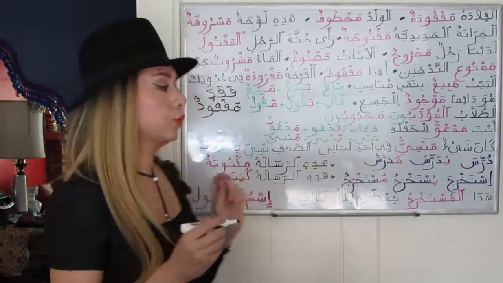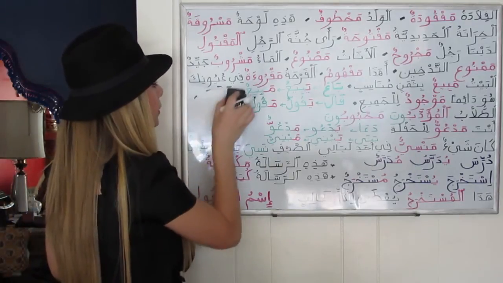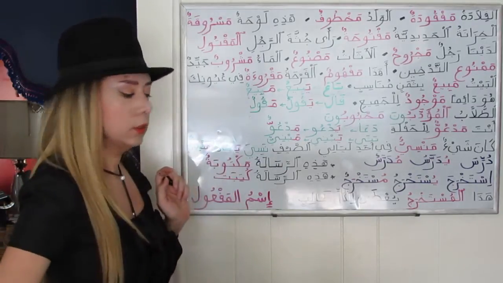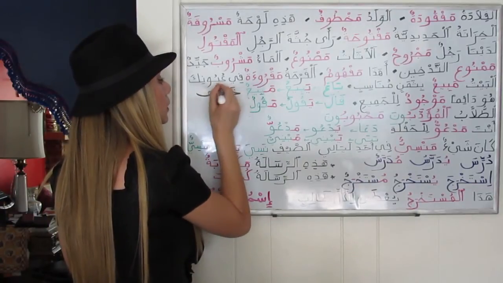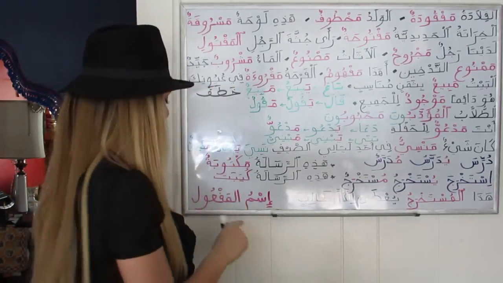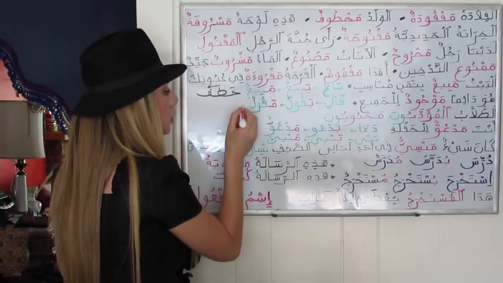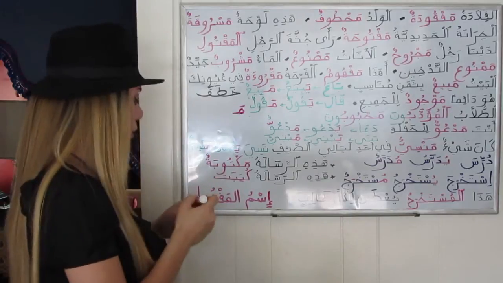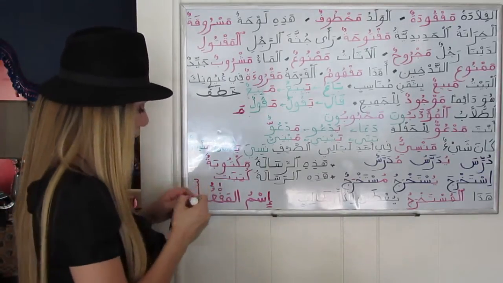الولد مخطوف, the verb خطف. خطف is to kidnap. We have 3 radicals. So مفعول, mim is always there, part of the pattern. So first radical, second radical, third radical.